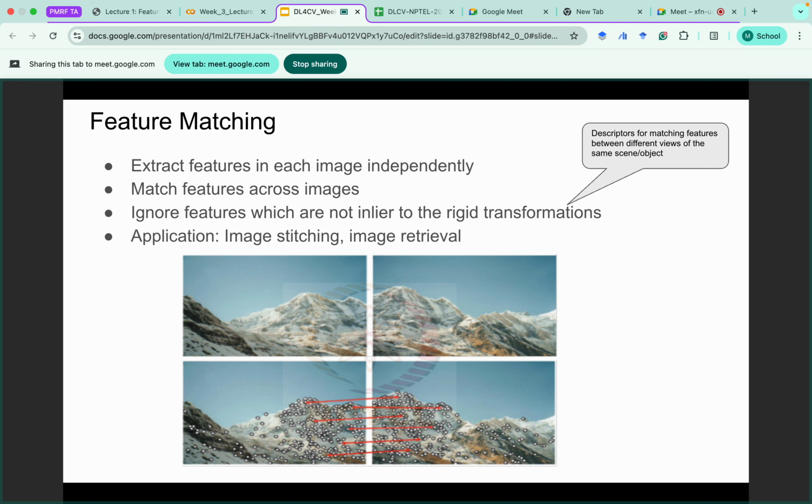So fine, yeah, other than this, I have a question. When we use SIFT descriptors, suppose this is a mountain range, right? I have this as a reference image, say the left one is the reference image, and I want to retrieve other images.